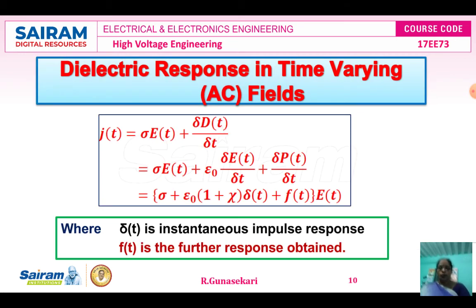Then in dielectric measurements, we calculate J of t is equal to sigma E of t plus dD of t divided by dt, that is equal to sigma E of t plus epsilon naught into dE of t divided by dt plus dP of t divided by dt, that is equal to sigma plus epsilon naught into (1 plus chi) into delta of t plus f of t into E of t, where delta of t is nothing but the instantaneous impulse response.